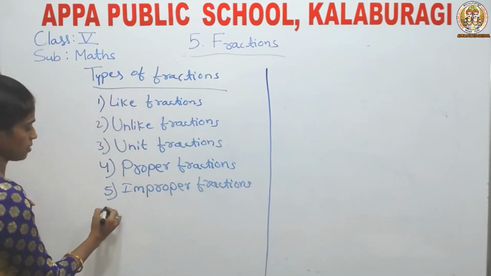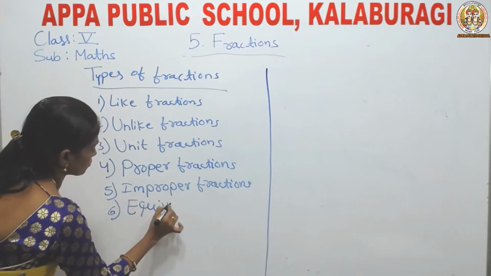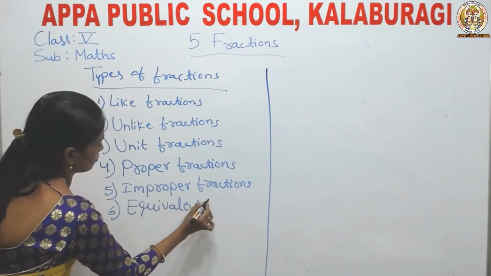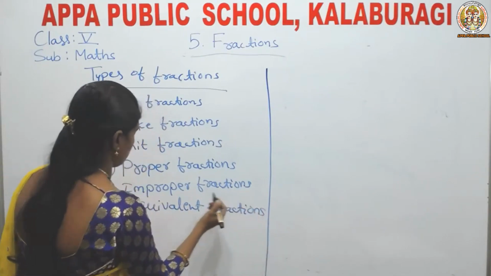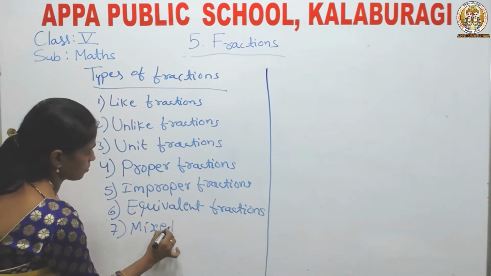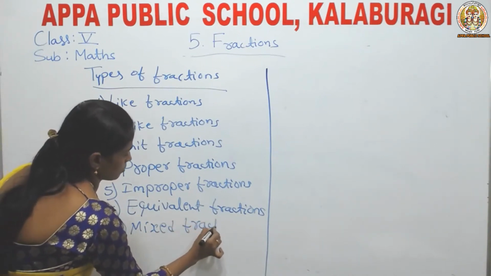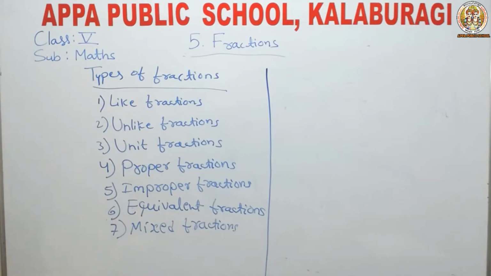Sixth one, equivalent fractions. And seventh one, mixed fractions. Let's see one by one.